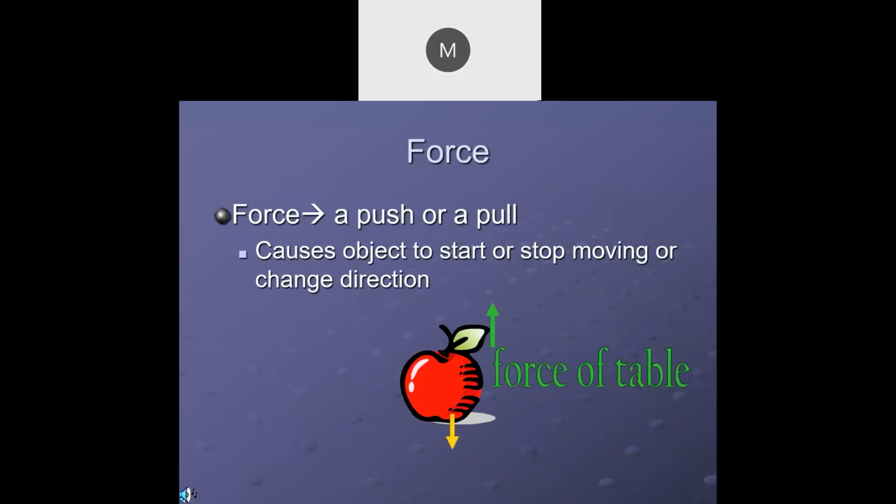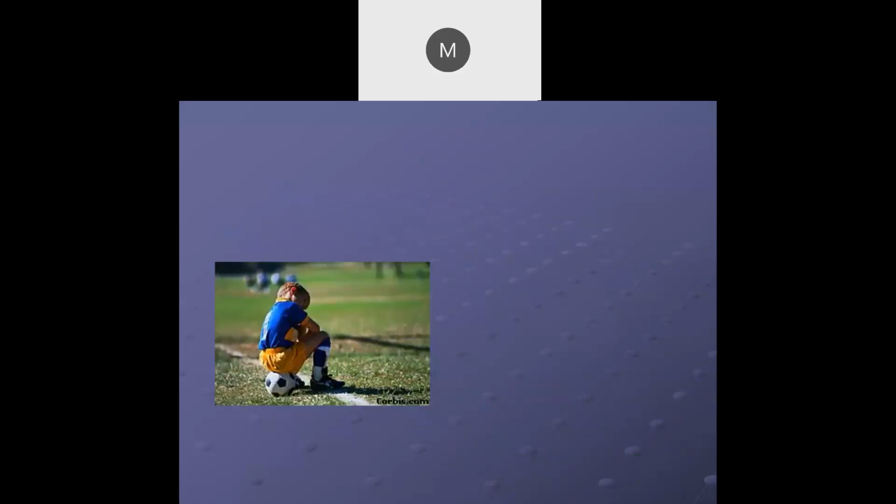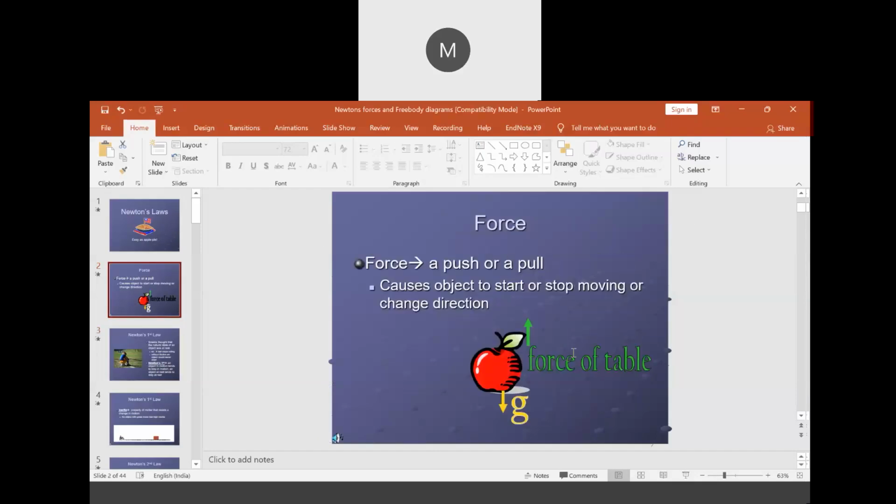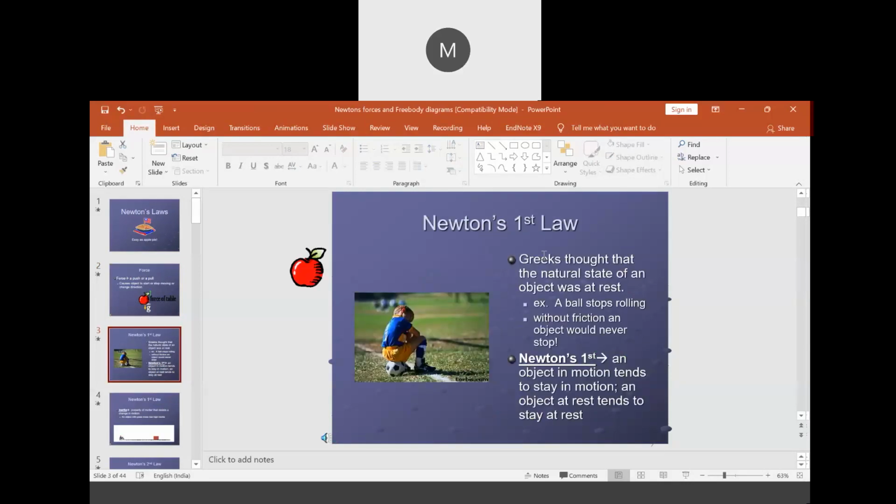Now, suppose this is an angle, and gravity is coming downwards, and the force is given. Then we have Newton's first law.